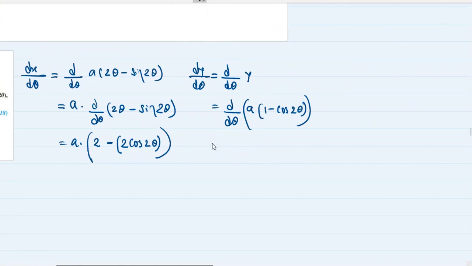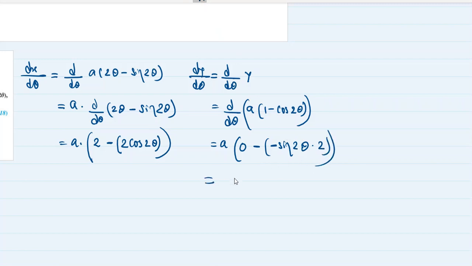So we have a bracket, d by d theta of 1 will be 0, minus d by d theta of cos 2 theta, which will be minus sine 2 theta multiplied by d by d theta of 2 theta, which is 2.